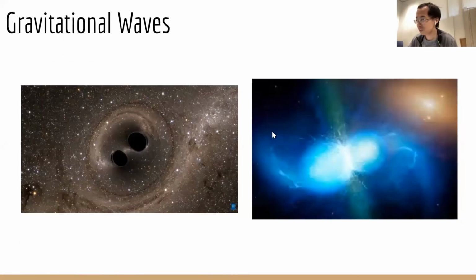There are other predictions of general relativity which have also gained a lot of observational power recently, one of which is this idea of gravitational waves. So gravitational waves are essentially like ripples in space-time, you can sort of imagine.